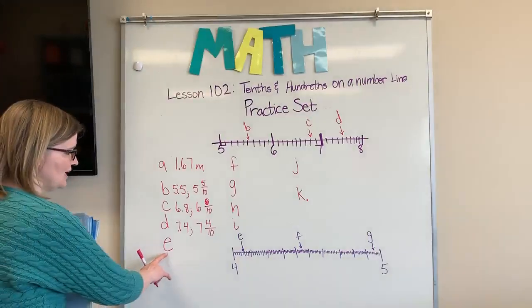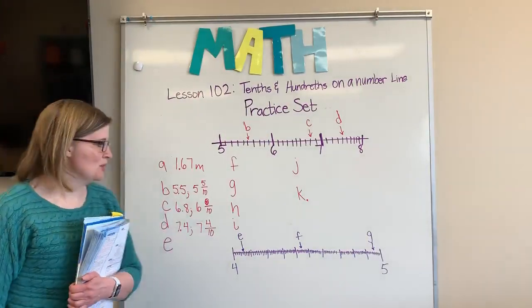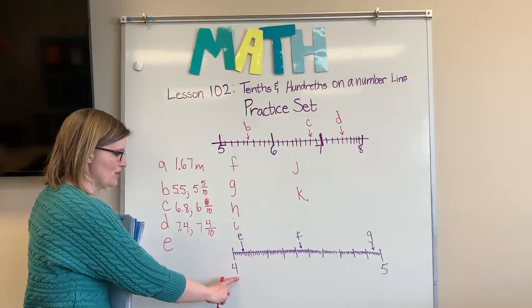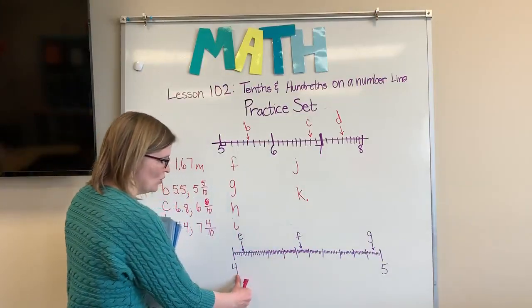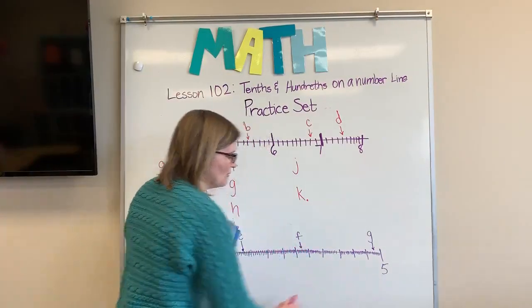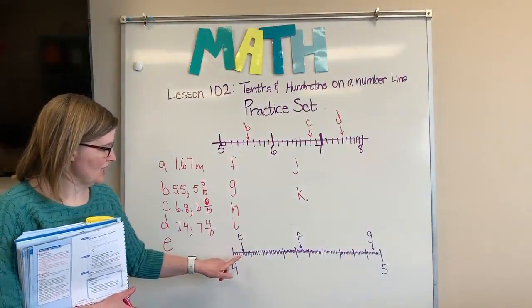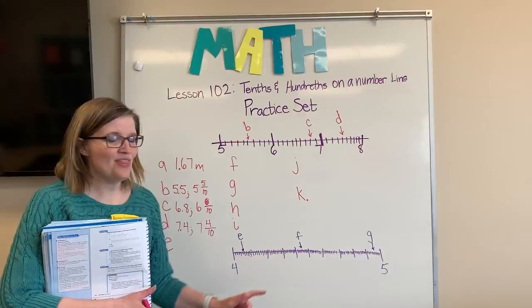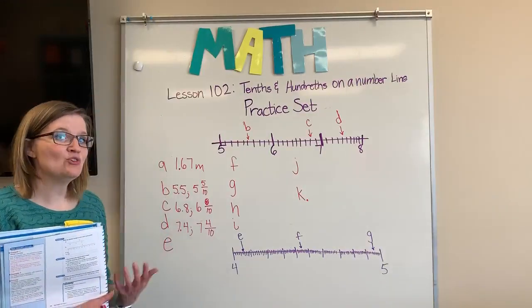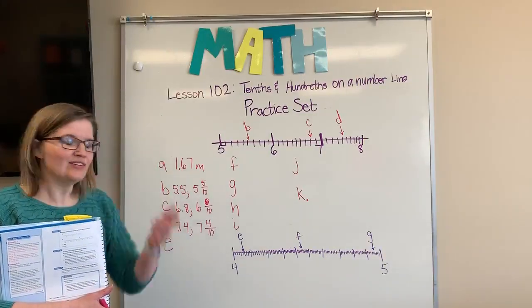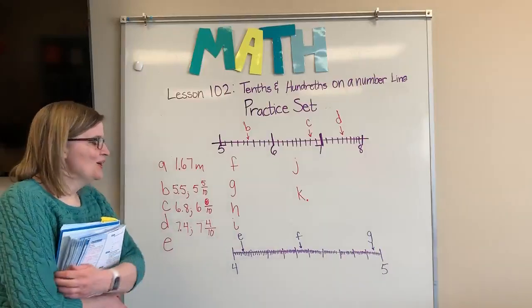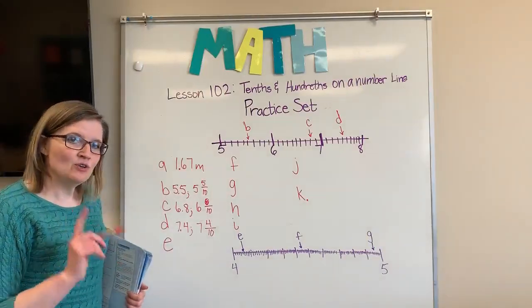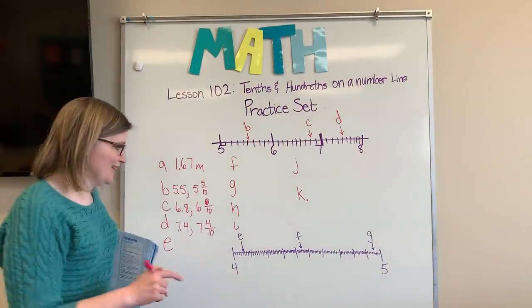Now, E is a little trickier because we have this point 4, we have the whole number 4 and the whole number 5. And looking at the number line, we see that these are not done in tenths, but they're done in hundredths. Why do they do this to us? But if you count carefully, you'll be fine.